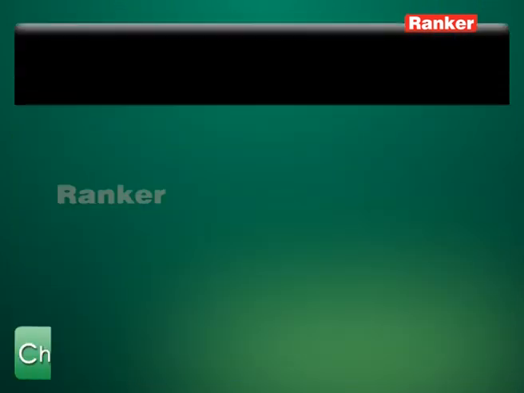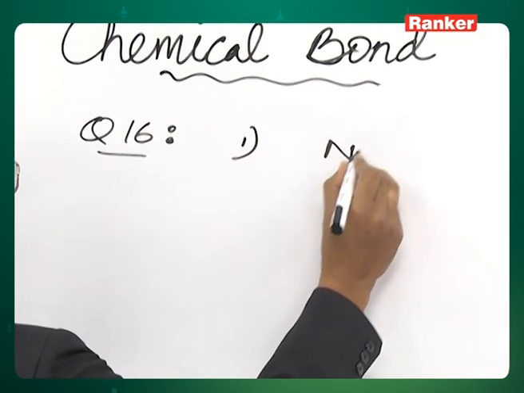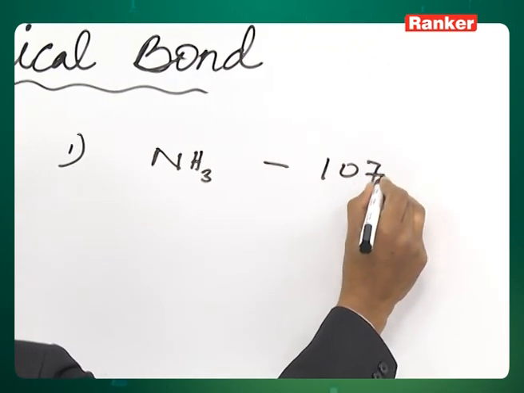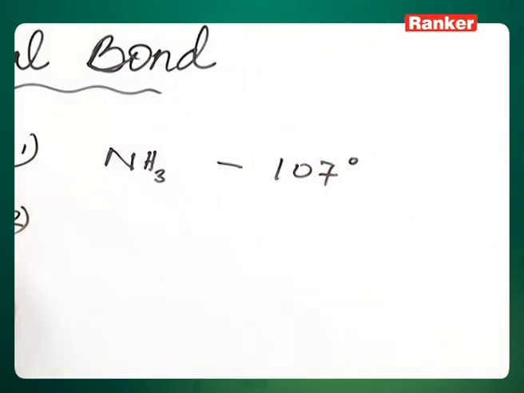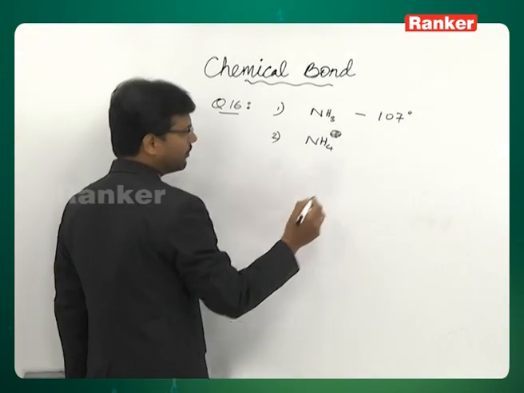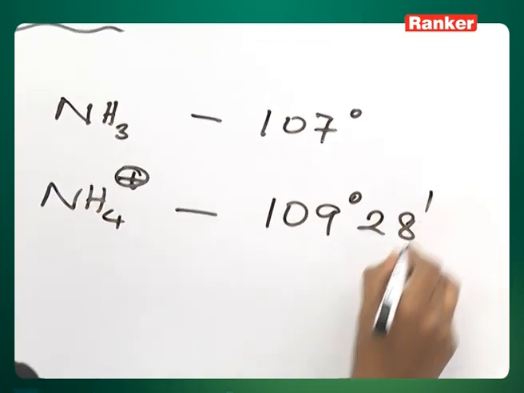Question number 16. In which one of the following is bond angle maximum? First option is ammonia. Due to lone pair, the bond angle is 107 degrees. Second option is NH4 plus. There is no lone pair, 4 bond pairs are there. Bond angle is 109 degrees 28 minutes.